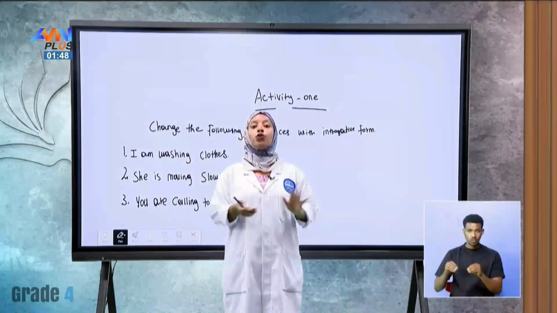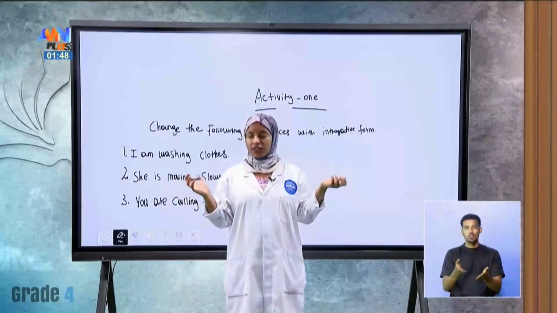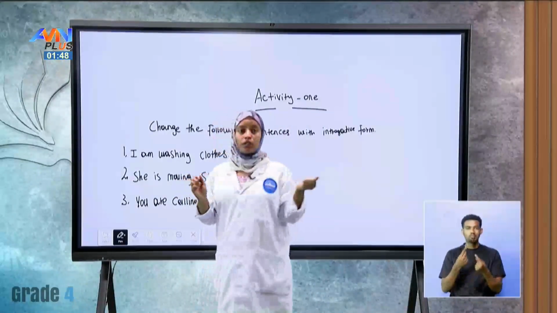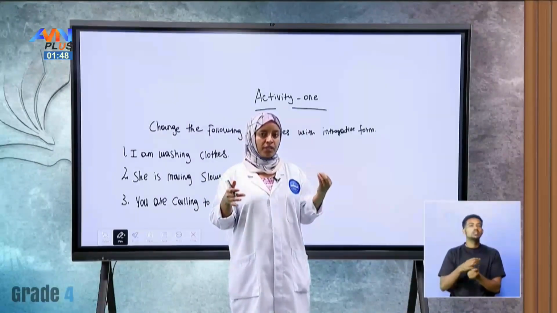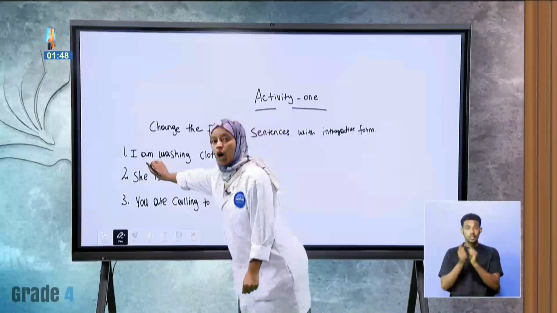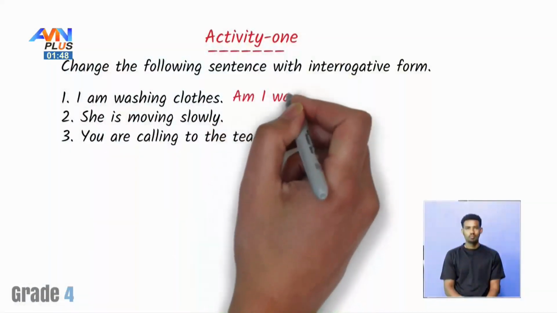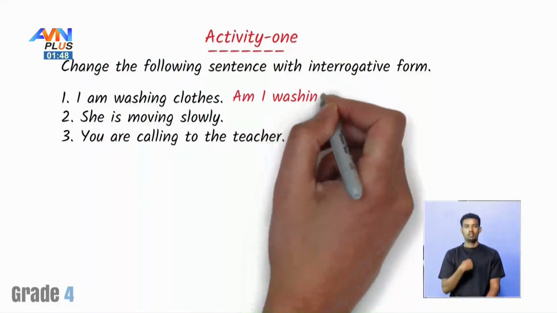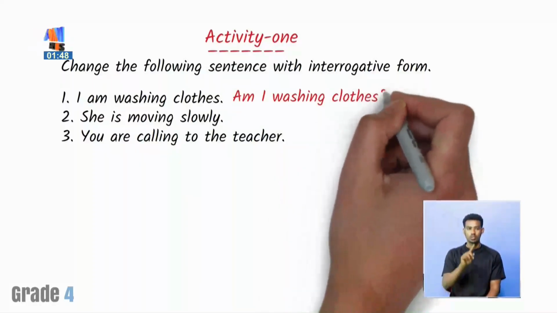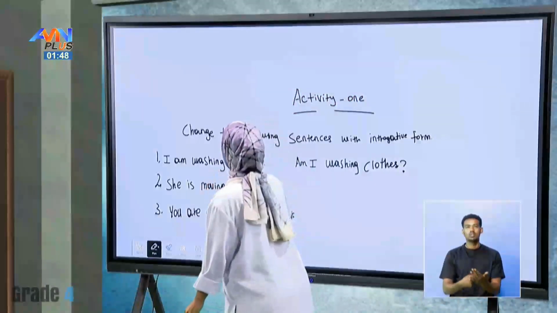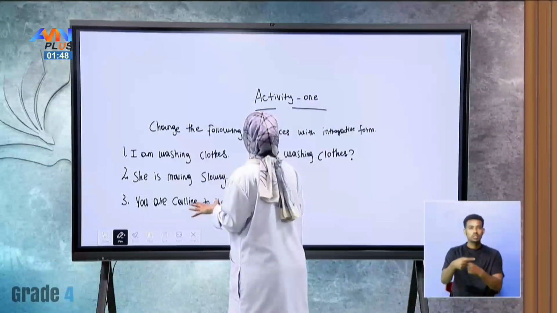Students, I hope you all have finished. And let me give you correction and practice together. So, I am washing clothes. When we change the sentence by using am, am I washing clothes? Question mark. Here is, she is moving slowly.